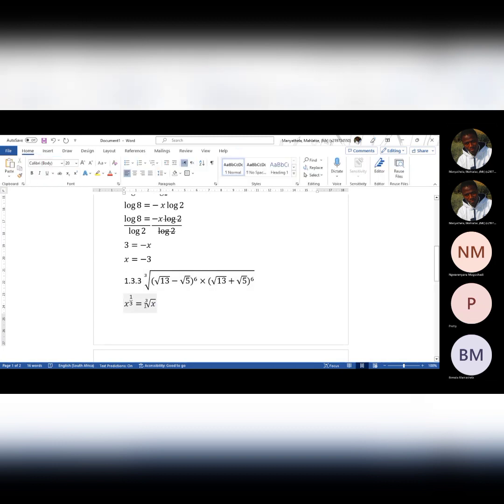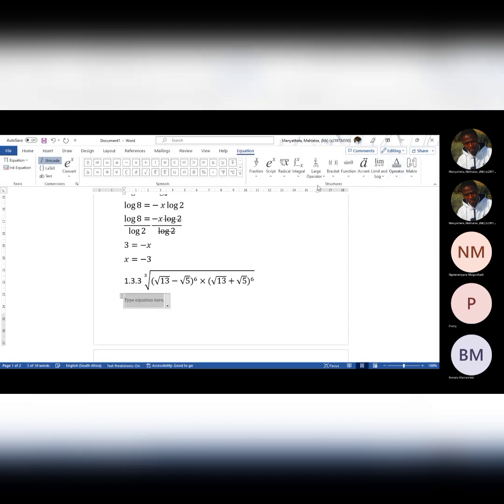Okay, fine. If you agree, then let's remove the cube root. So what is under the cube root?